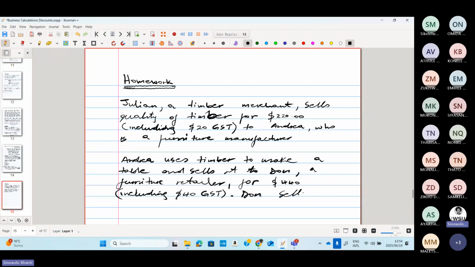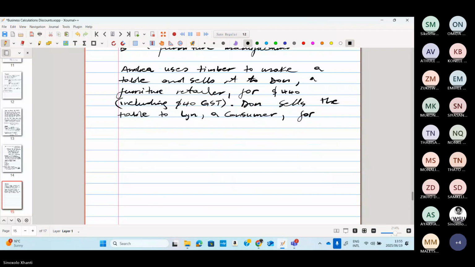Don sells the table to Lynn, a consumer, for, let's say, $550, including $50 GST.